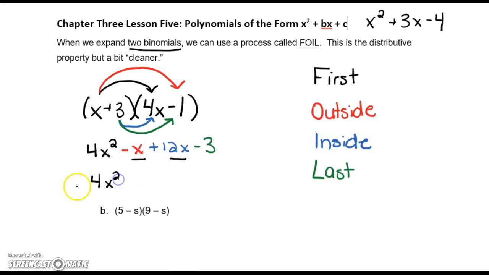So 4x squared stays the same. Then we can combine negative x plus 12x, which gives us 11x. Then we bring down our negative 3. So when we multiply these two binomials, we get the polynomial 4x squared plus 11x minus 3.